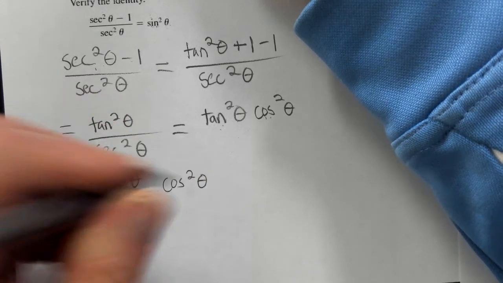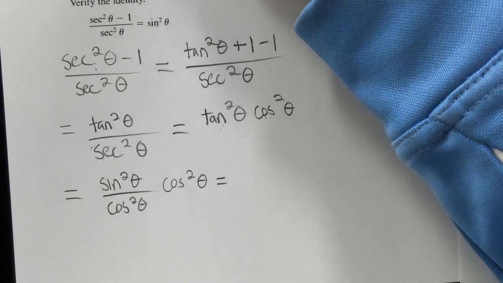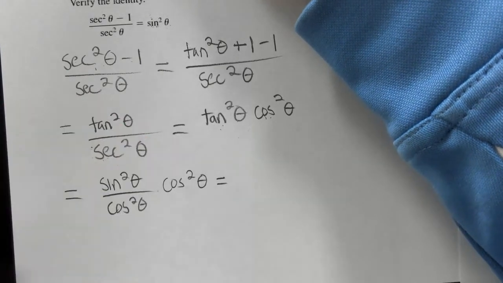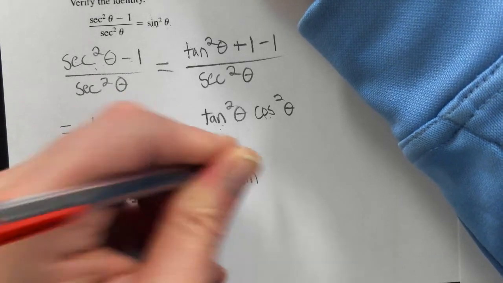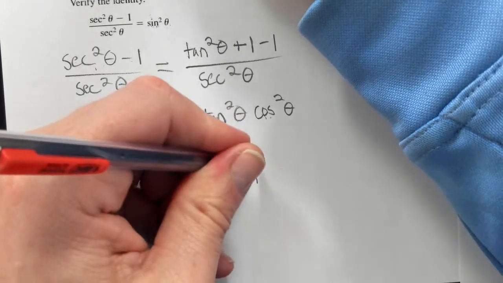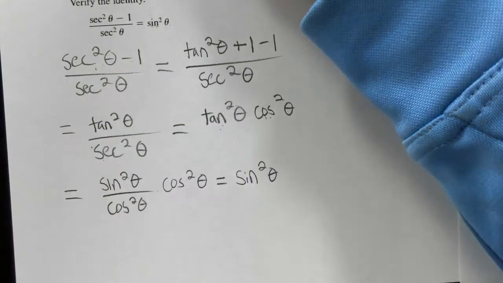Okay? And then, of course, my cosine squared cancels out, and it leaves me with exactly what I'm trying to show, and that is that it's equal to sine squared, and then we're done.